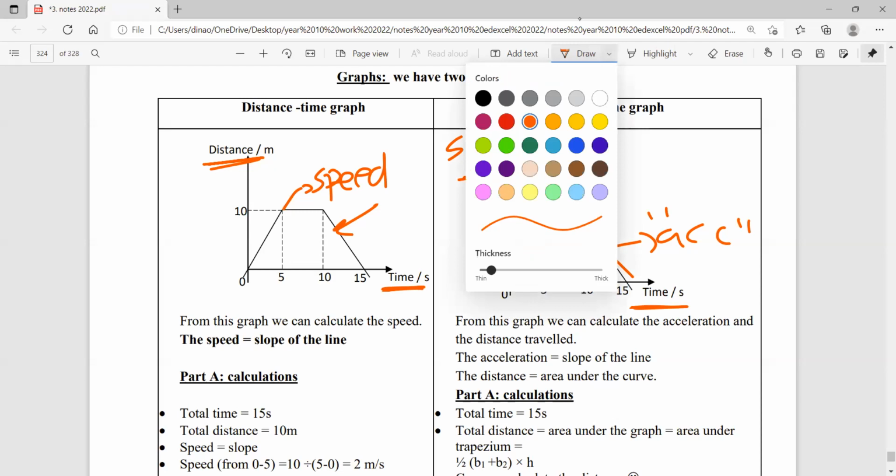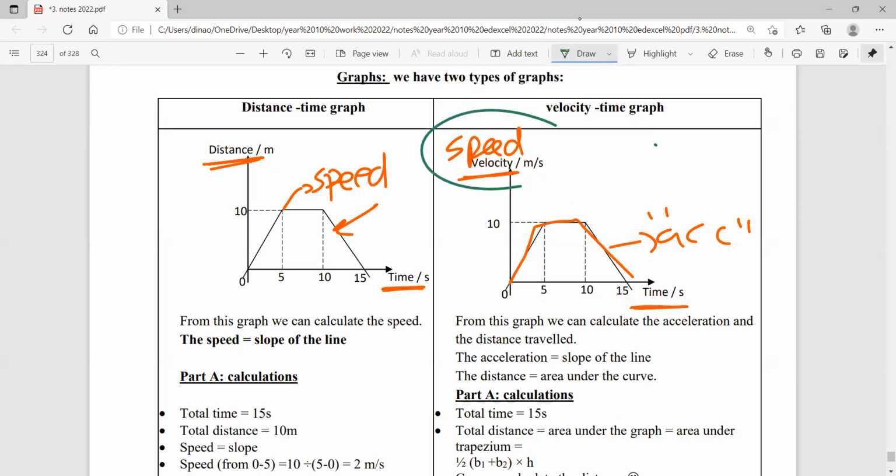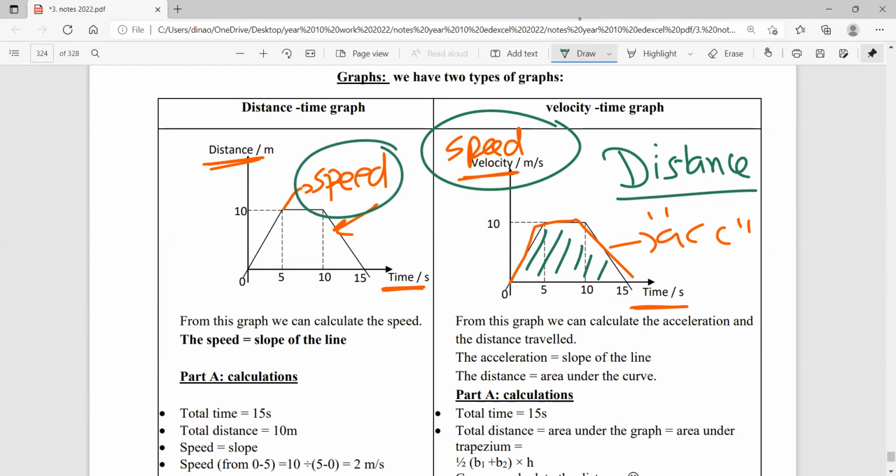حاجة زيادة بس محتاجين نعرفها في ال velocity time إنه area under curve أو area under this line represents the distance traveled. يبقى أنا عندي 2 types of graphs we are going to deal with this year. The distance time. والdistance time الحاجة الوحيدة اللي بقدر أحسبها فيه هي السبيد. والسبيد بتبقى عبارة عن the gradient of this line over here.